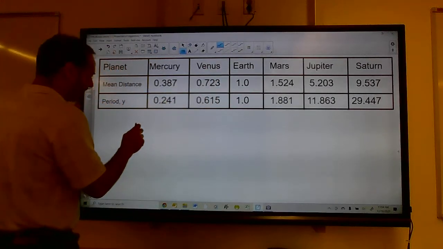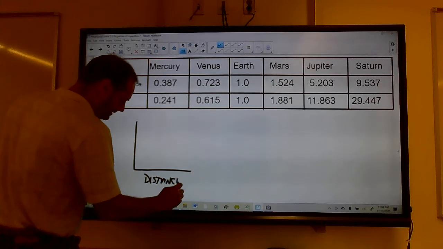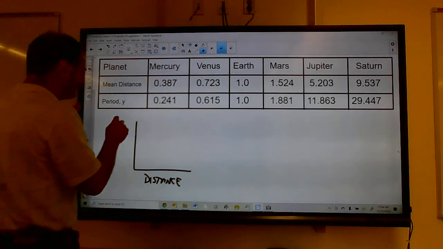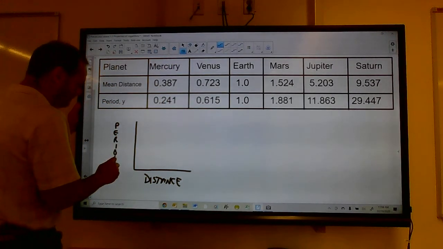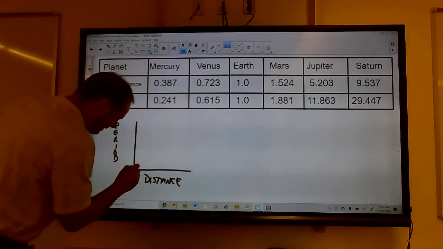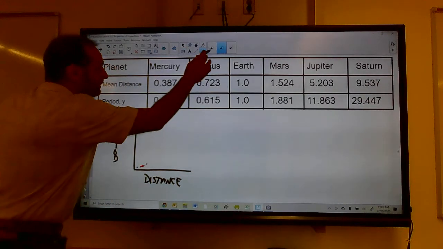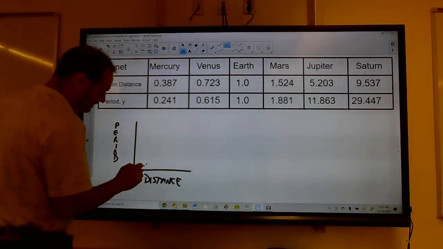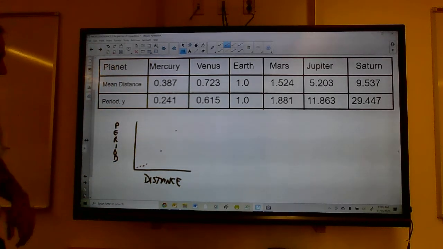So it'd be distance, and you get years, or actually we'll say period. And you get this stuff down here, 1, 2, 3, 4. That's supposed to be 4 dots. And then it starts to do this. So that's exponential. It's curved.